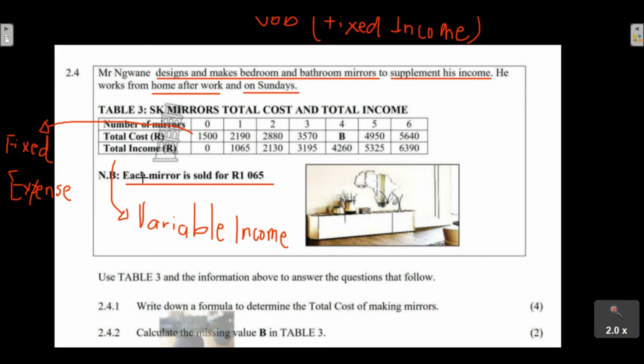And of course, you also have the variable cost, which depends on the number of mirrors. As you can see, these numbers keep on changing. When he's calculating the total cost for that particular month, he will have to multiply the cost of each mirror by the number of mirrors. I hope you get me there.